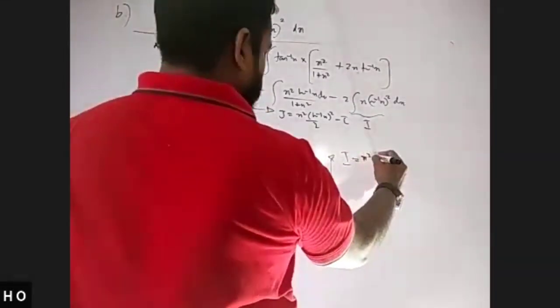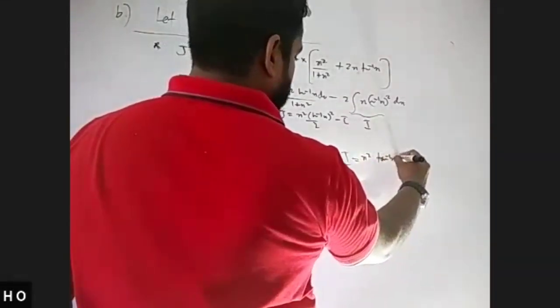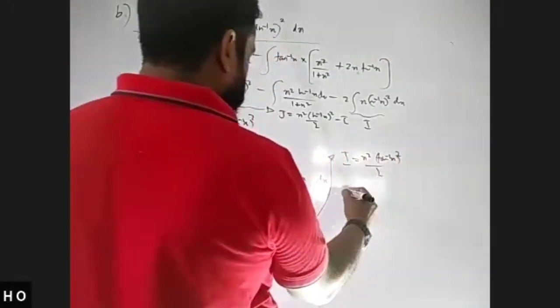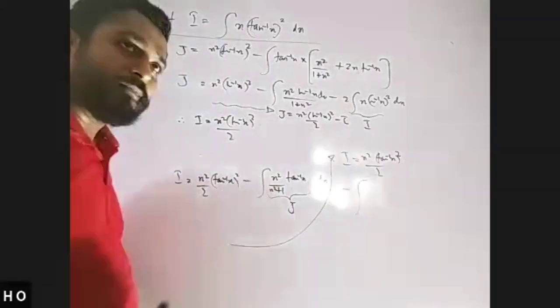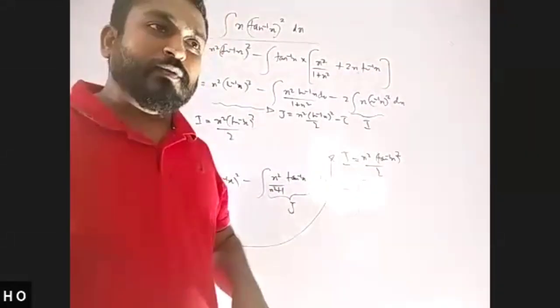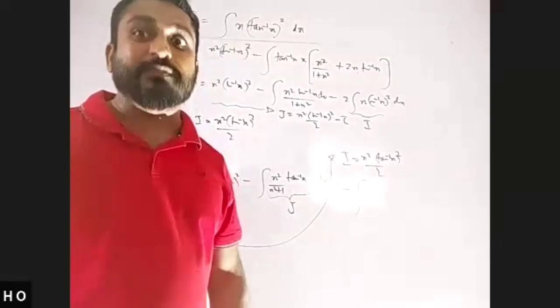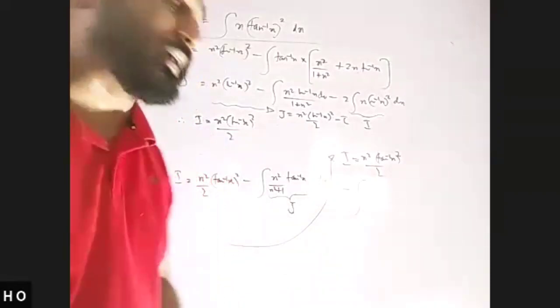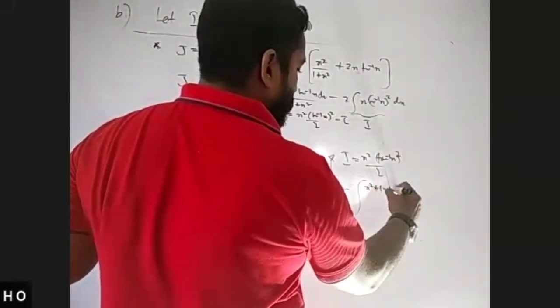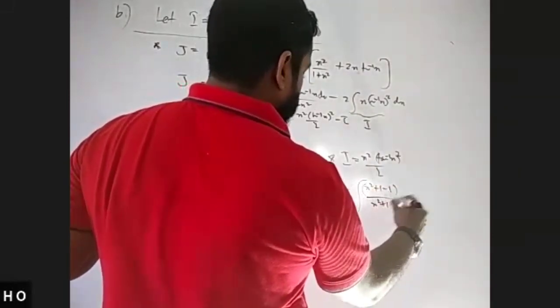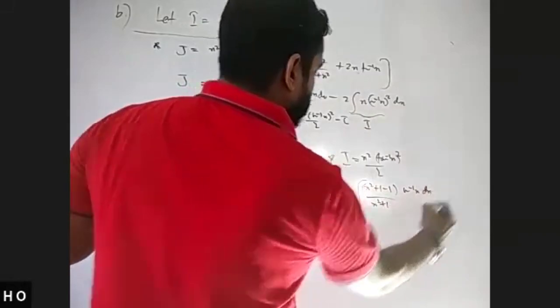So it is x squared tan inverse x squared by 2 minus. For this, you have to use a trick, the one we use when we need to integrate rational functions. For this x squared, you have to do plus 1 and minus 1, over x squared plus 1, tan inverse x dx.